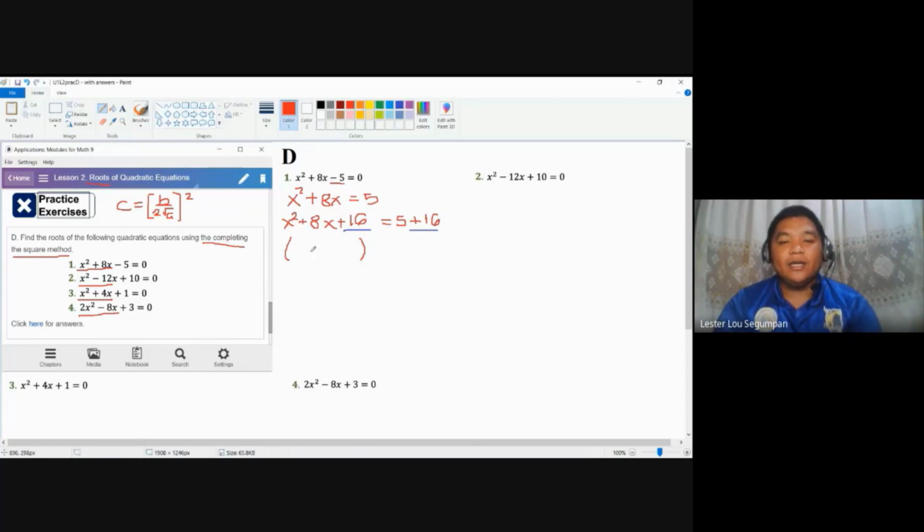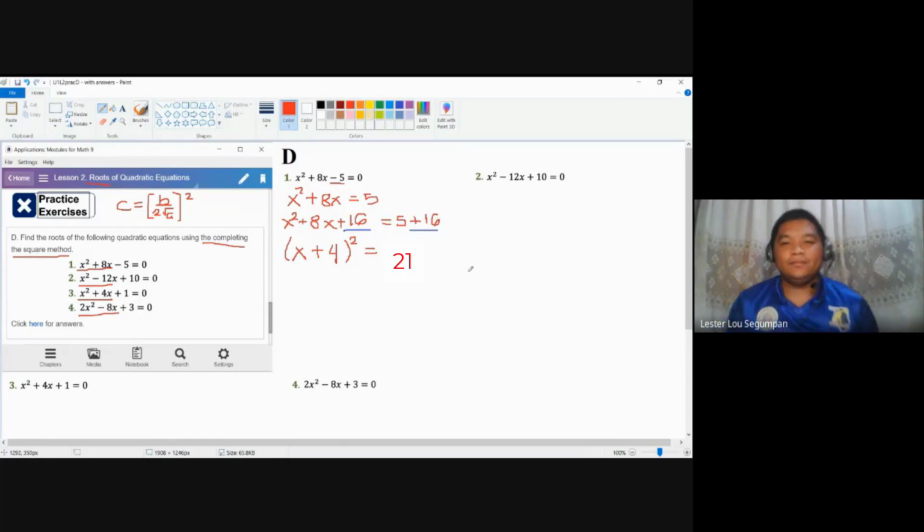To make it a square of a binomial, simply take the square root of the first term, take the square root of the last term, and use the sign of the middle. Of course, when you take the square root of a number, it involves positive and negative, so it should be positive and negative 4. But we are going to use the sign of the second term here. This is the square of x plus 4 is equal to 17.